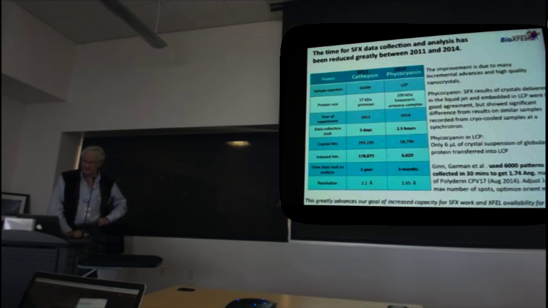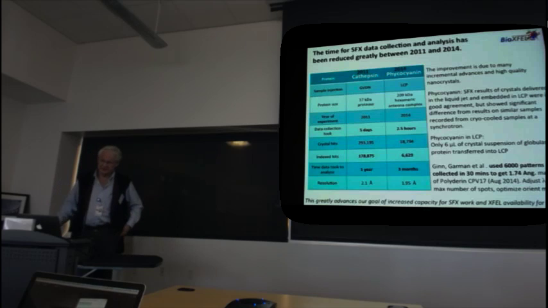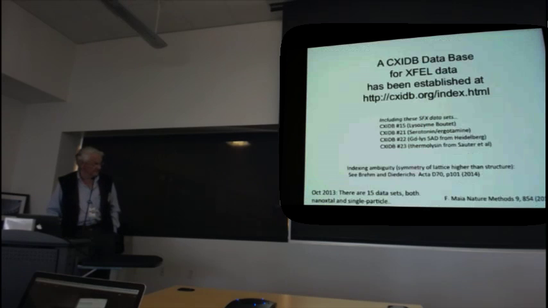Okay, so with 30 minutes of data collection at the LCLS, she had a structure better than 2 angstroms, 6,000 patterns. And partly that was due to the way she analyzed the data, partly due to the crystal quality, but just the general improvements that have happened in 5 years are quite dramatic, and the biggest of those have been with the detectors. So this compares times to collect data and analyze the data. In our first project back in 2009 with Henry and Tom, it took a year to analyze the data. Now it's done in a few days.